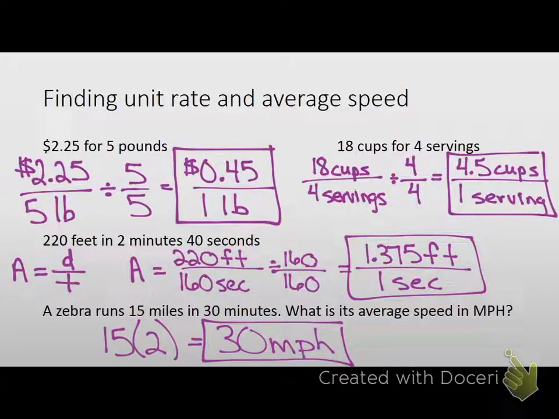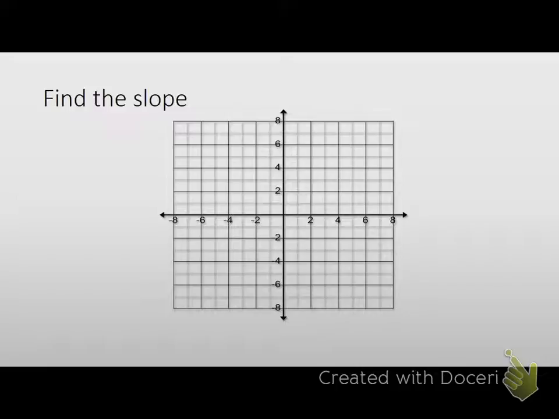What if I had said he had run 15 miles in 20 minutes? How would you find the miles per hour? Multiply by 3 because there are 3 20-minute blocks within an hour, so you would go 15 times 3. Very similar to what you're going to see on your test tomorrow.